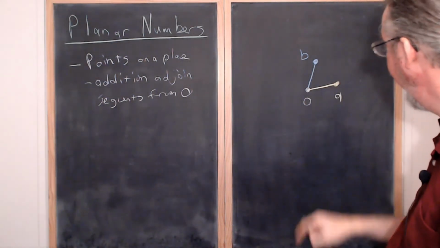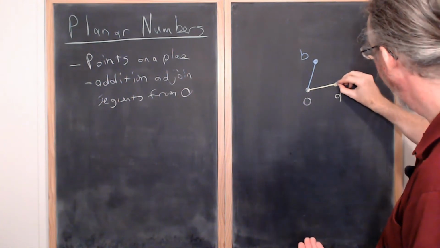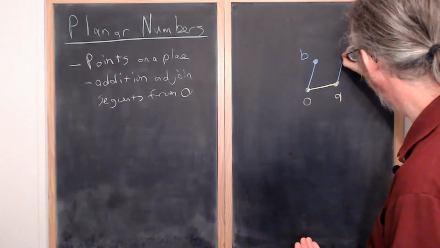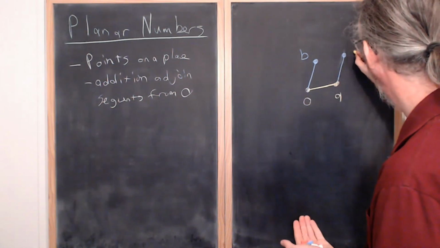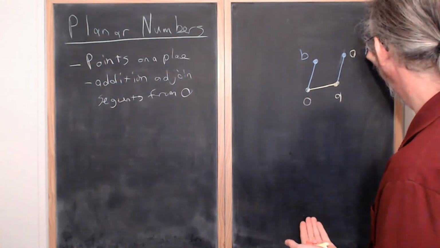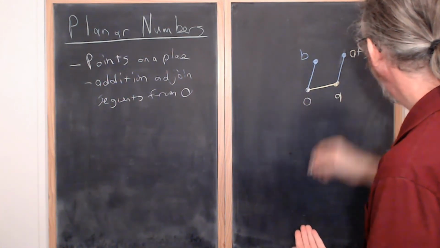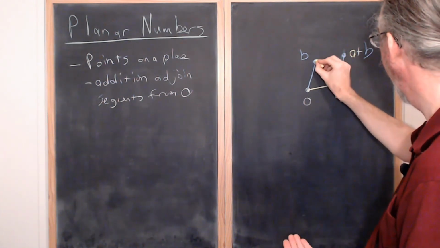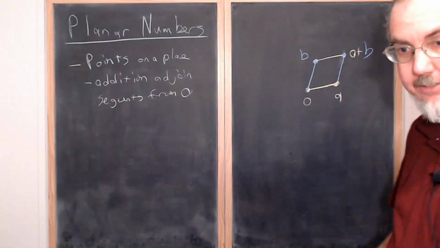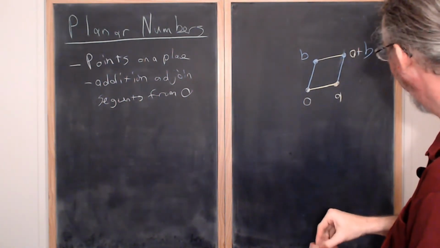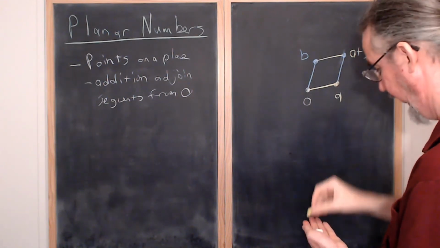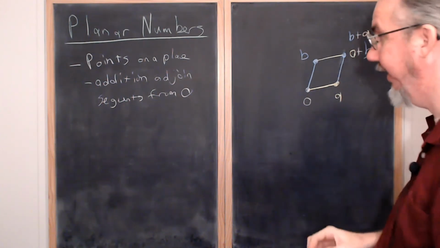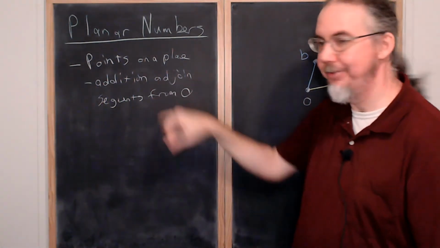And then A plus B is, I first go in the A direction and then go in the B direction. And so that's going to give me A plus B. But notice that if I go in the B direction and then in the A direction, I draw a parallelogram. And so that shows me that this is also going to be B plus A. So we've already shown that it's commutative.